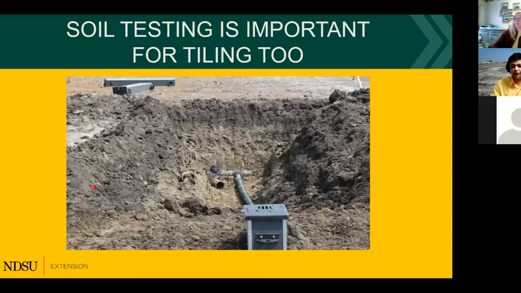So please do your homework and get your soils tested for EC, SAR, and calcium, magnesium, sodium tests through saturated paste extract method before you make a final decision. Trust me, that would be much cheaper than just going ahead and tiling.